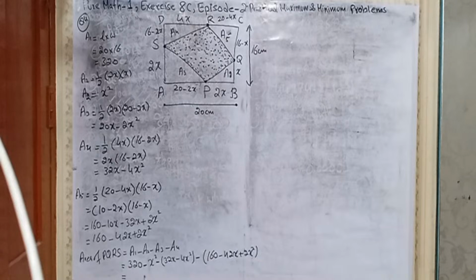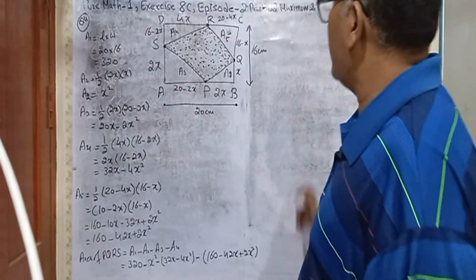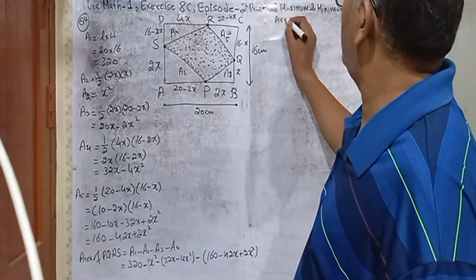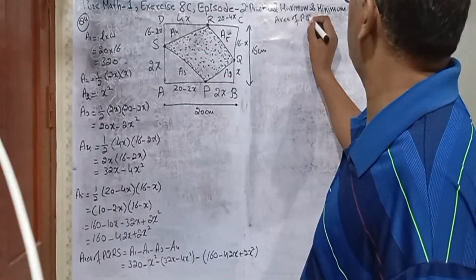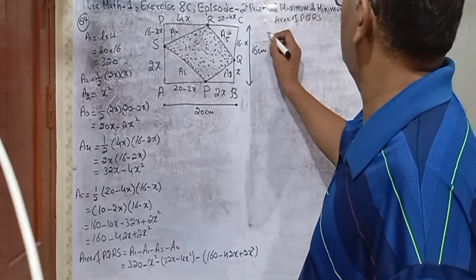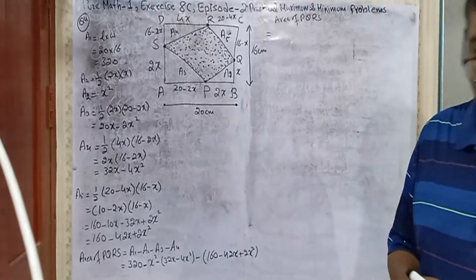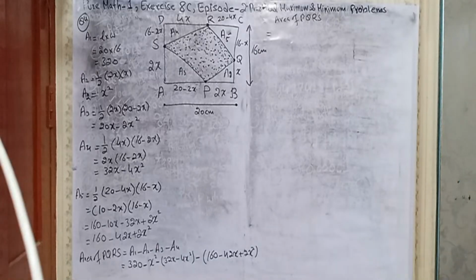So this will be, I can write it here. Okay, so the area of PQRS will be equal to, you see, it's a huge expression.